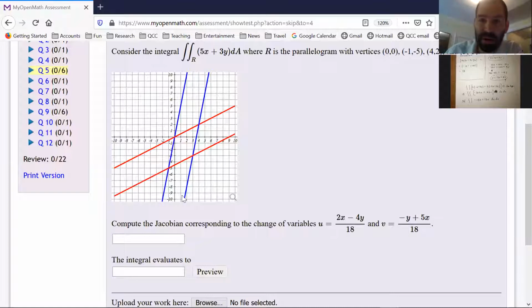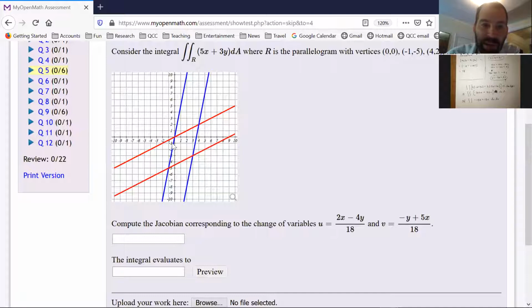I just made a note of that. Now let's look at these red lines. This red line here has y-intercept 0 and slope 1/2, so this is just y equals 1/2 x. That's the same thing as saying 2x minus 4y equals 0.